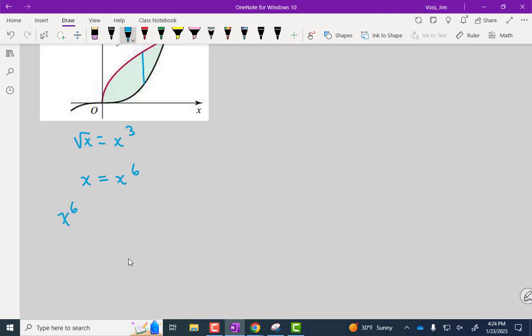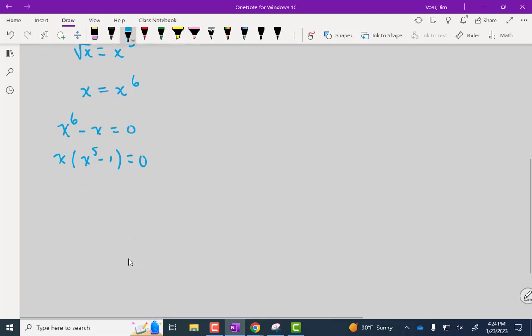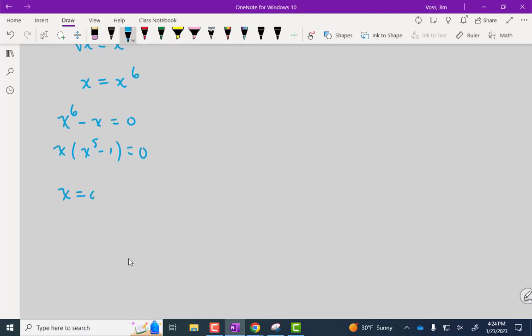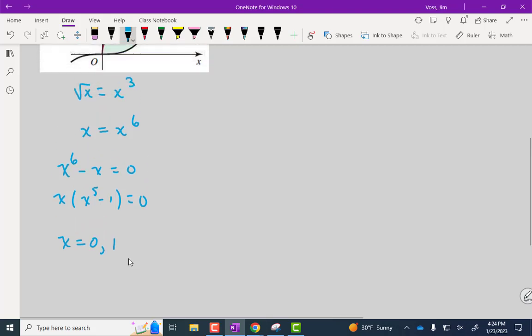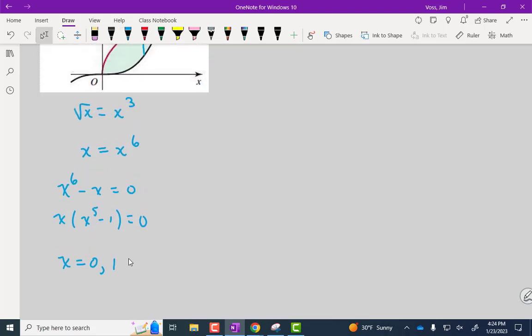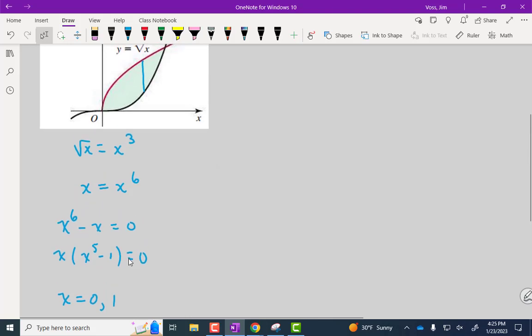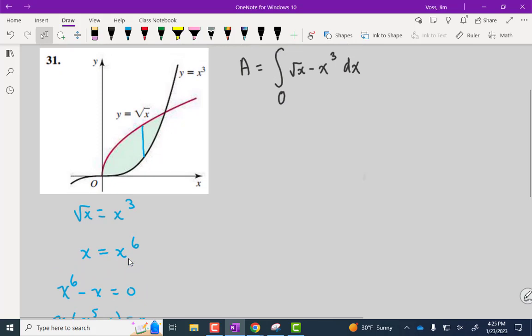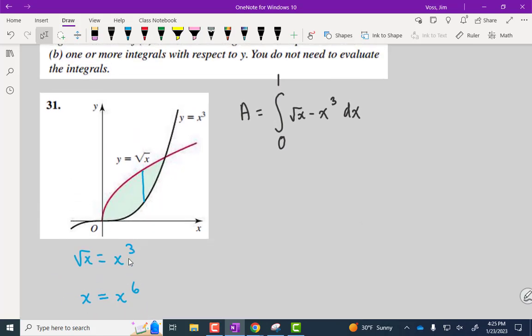Nonlinear equation. Everything to one side and factor. Never divide. You cannot divide by a variable. Variables can be 0. So we see that the two places of intersection are at x equals 0 and x equals 1. So that tells us that our limits of integration are going to be 0 to 1. The interval upon which this region lives is 0 to 1.